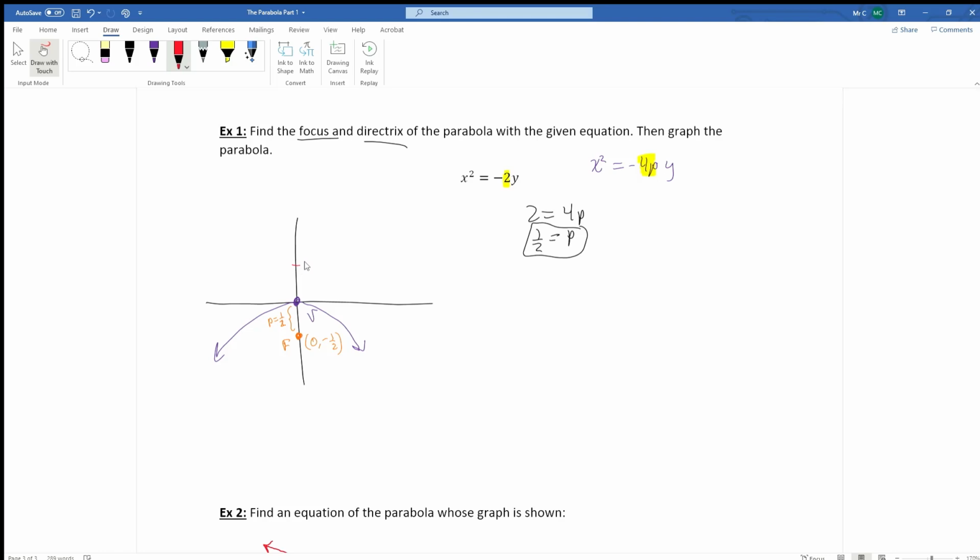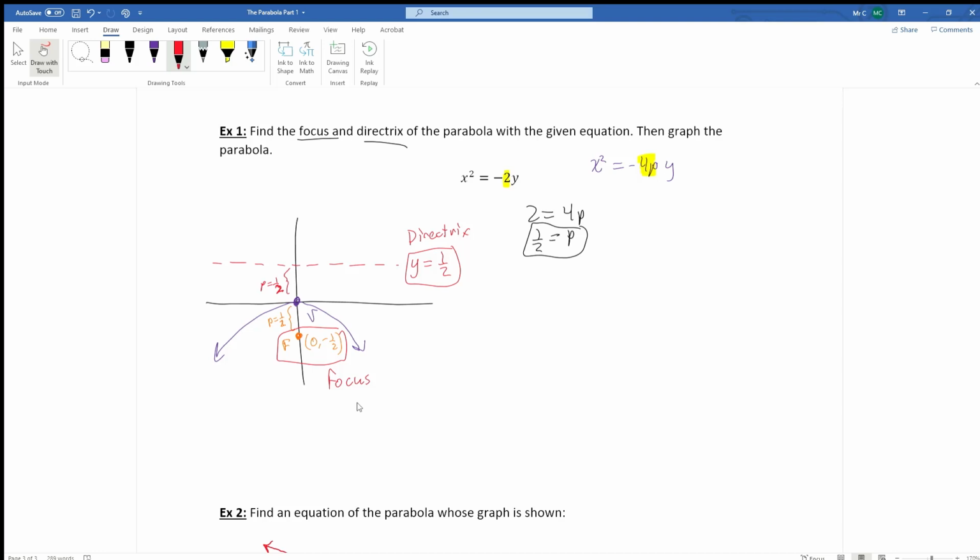Similarly, my directrix is going to be a distance of 1/2 above my vertex, and that makes the directrix y equals 1/2. So our directrix is y equals 1/2. Our focus is the point 0, negative 1/2. And we've already graphed the equation in the process.